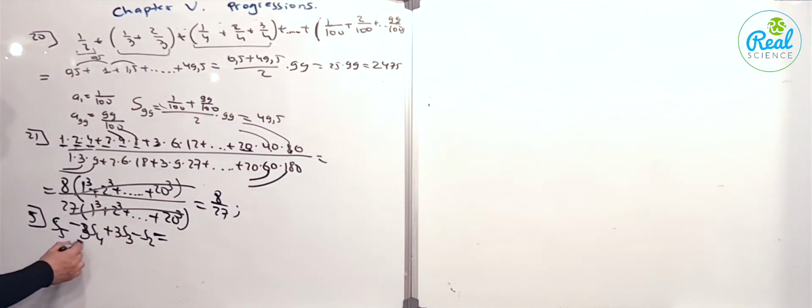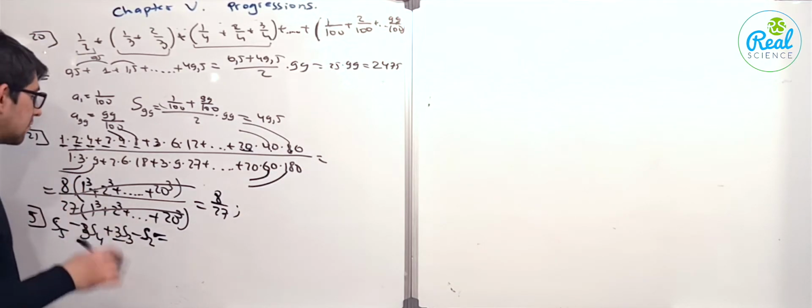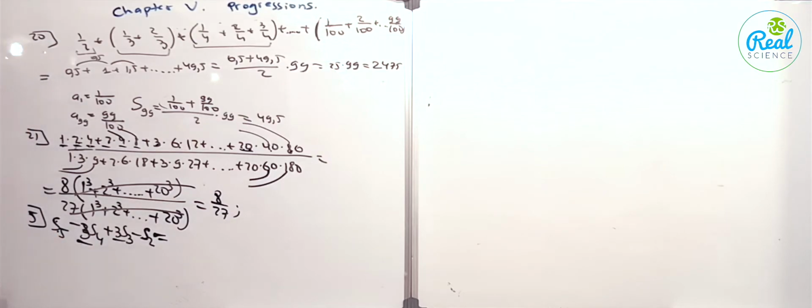So you are seeing 3, 3, yes, and you are facing some numbers that don't have any coefficients. S5 minus S2. What is the result? This is not S3. Why? Because S5 is the sum of the first 5 terms. S2 is the sum of the first and second term, right?